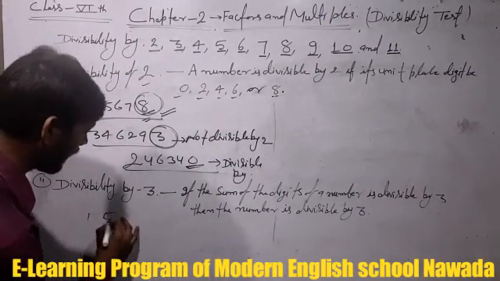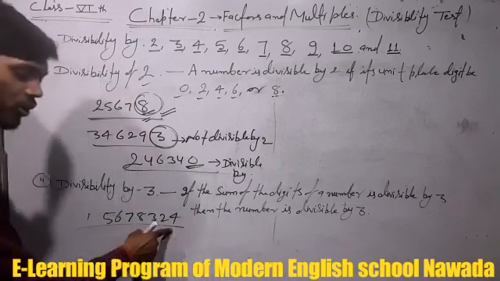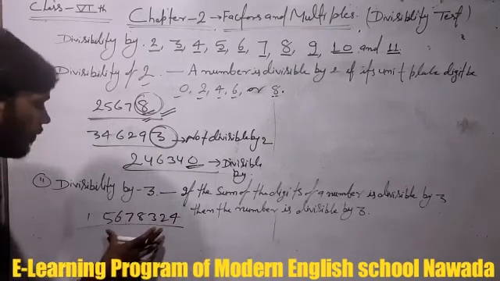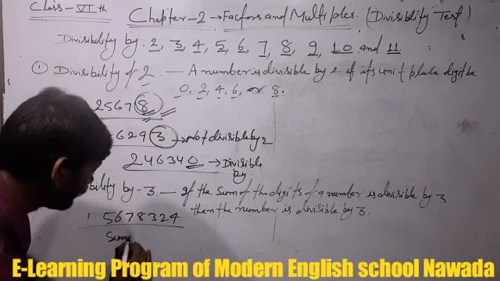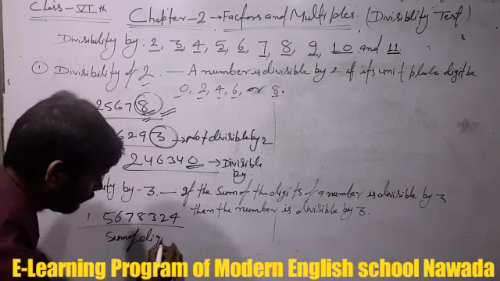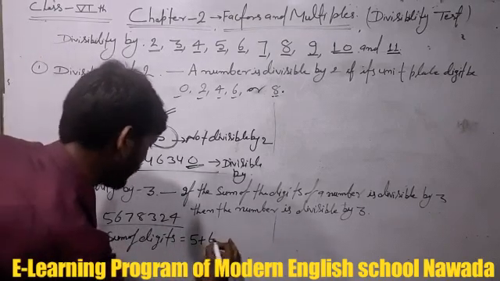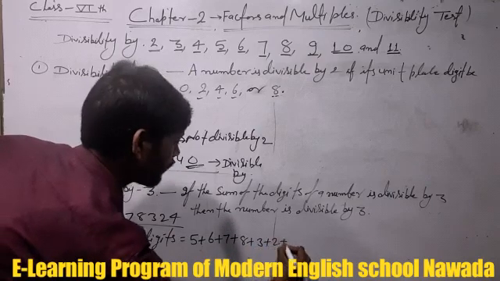For example, write the number 5678324. Here we do not observe the unit place. The rule is the sum of the digits. The sum of digits is 5 plus 6 plus 7 plus 8 plus 3 plus 2 plus 4.